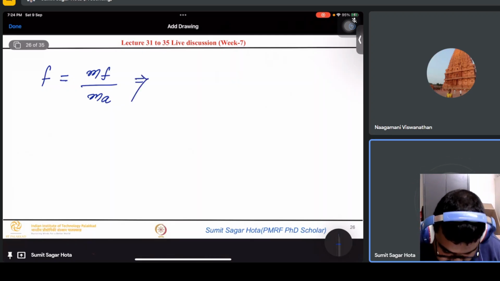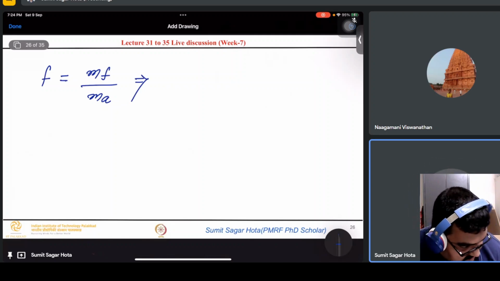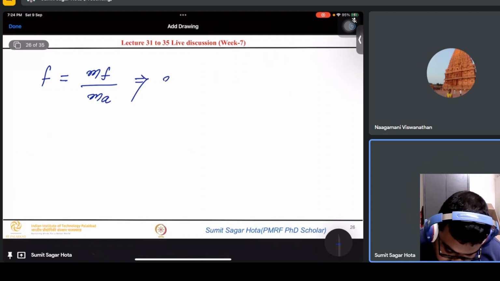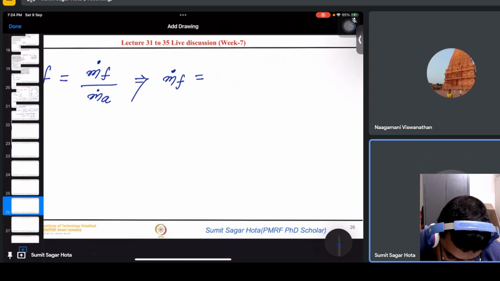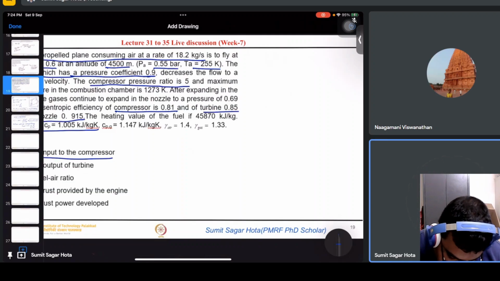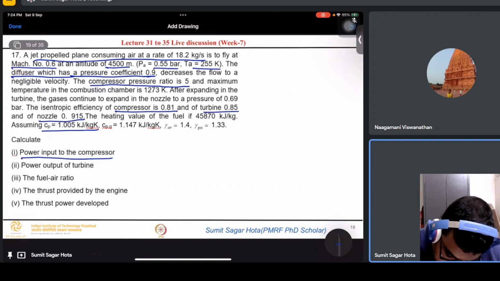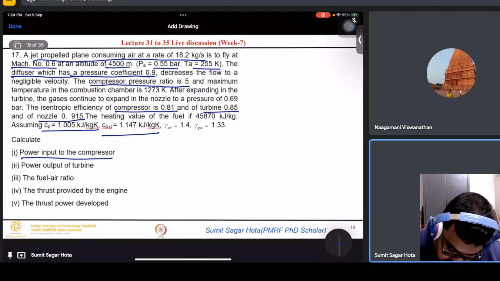What we know is the mass flow rate of the air, not of the fuel. So substitute here, and you just find out m dot f, because m dot a is already given. CPG is also given, m dot a is 18.2 kg per second.